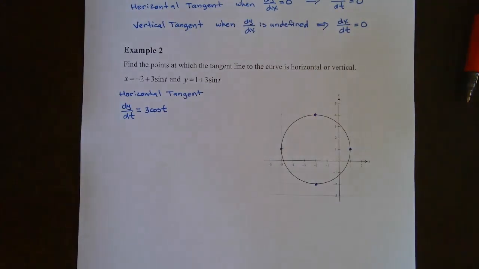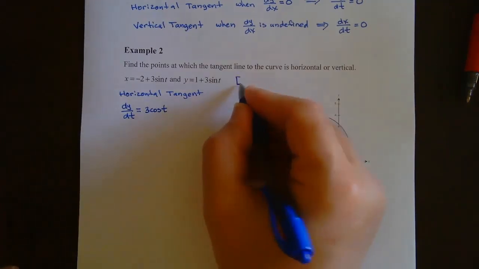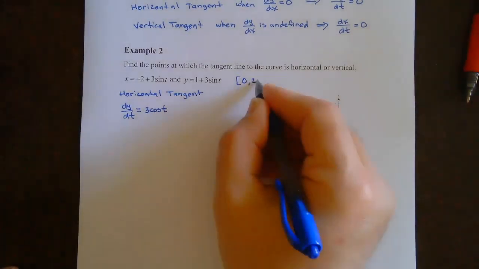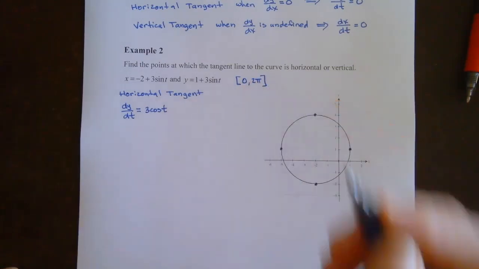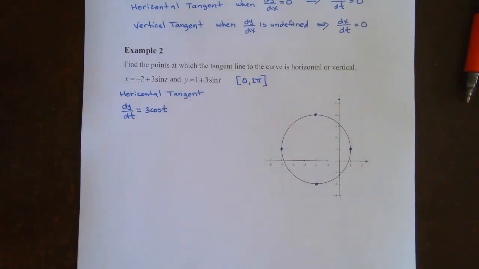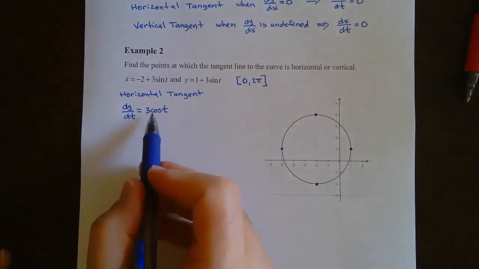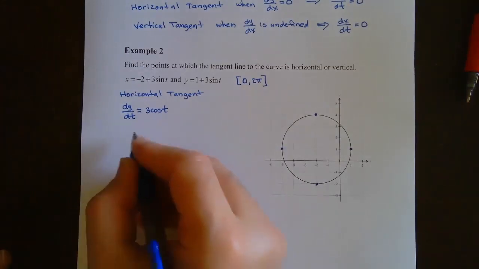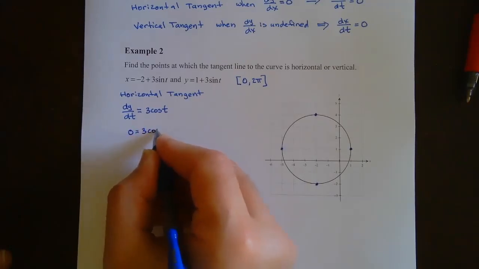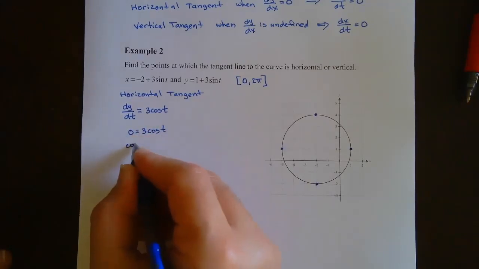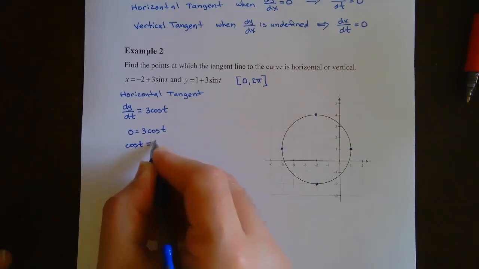And you guys, I should have said this: this is between 0 and 2 pi. So we've got to set dy over dt equal to 0. That would be 0 equals 3 cosine t, so cosine of t is equal to 0.